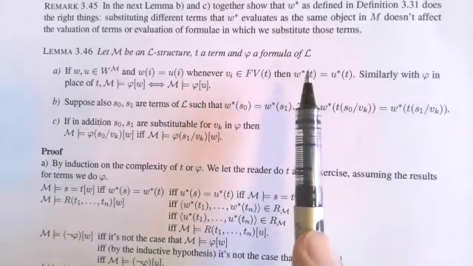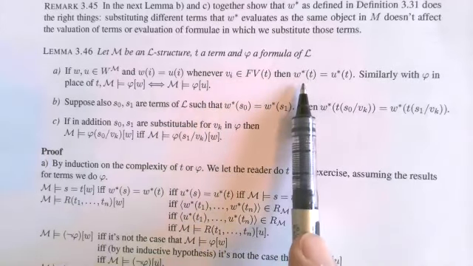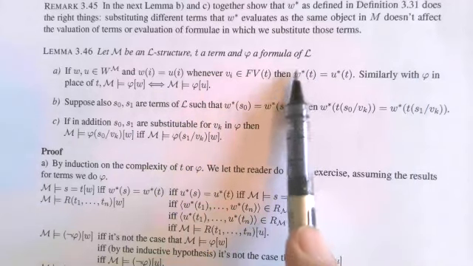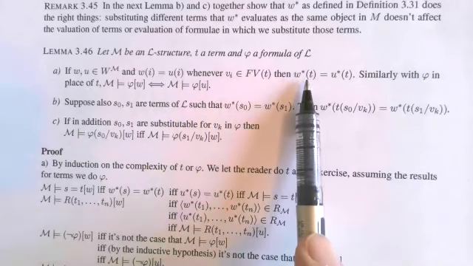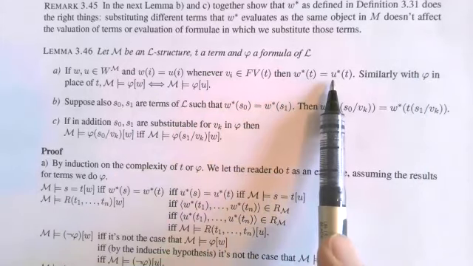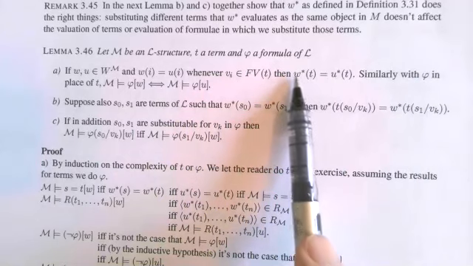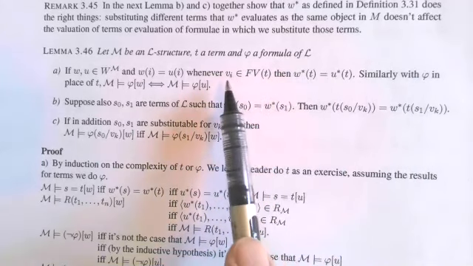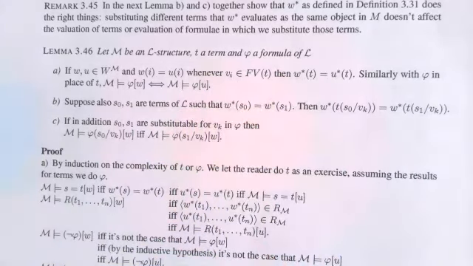And then the conclusion is that the valuation of the whole term under the assignment W is the same. So how the term comes out here only depends upon what you do to the free variables.